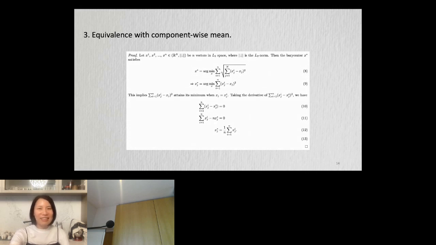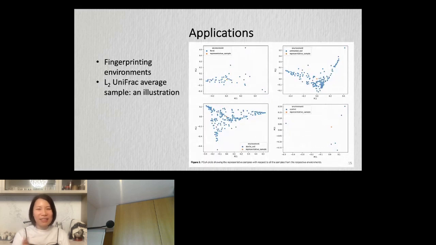And next, I will talk about some applications through which we can understand the beauty and the usage of average samples computed with respect to L2 UniFrac. So first, let's look at this picture of how the average sample with respect to L2 UniFrac looks with respect to the other vectors.